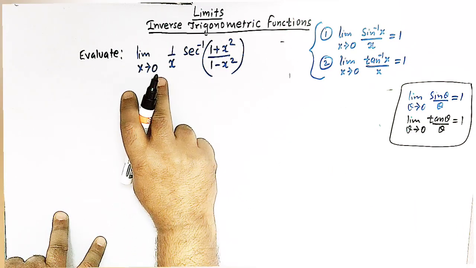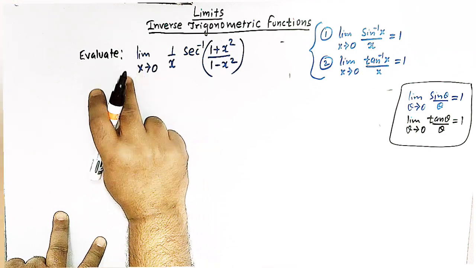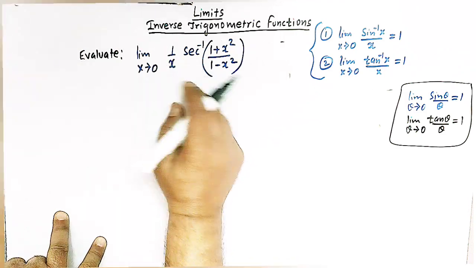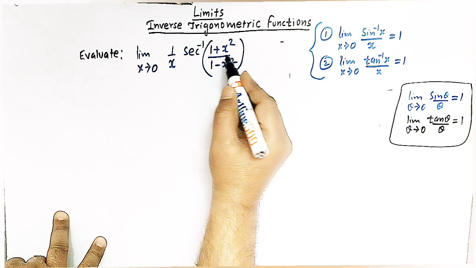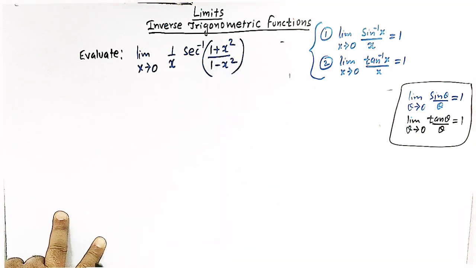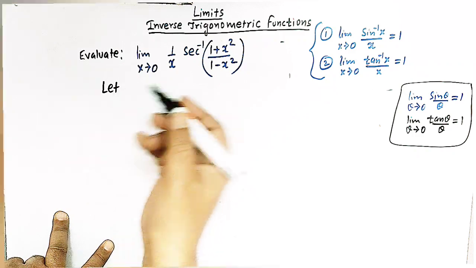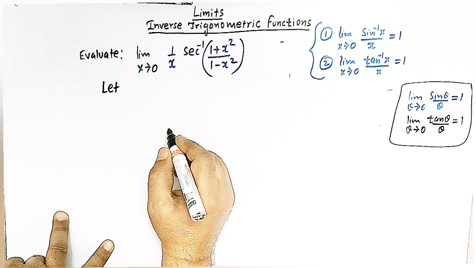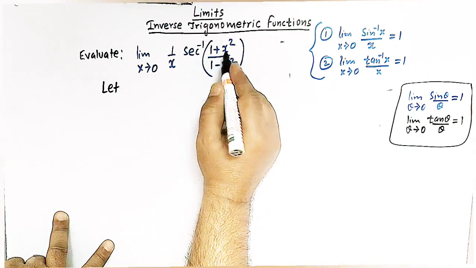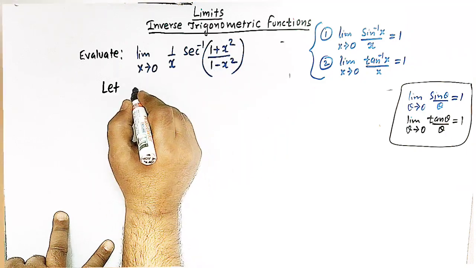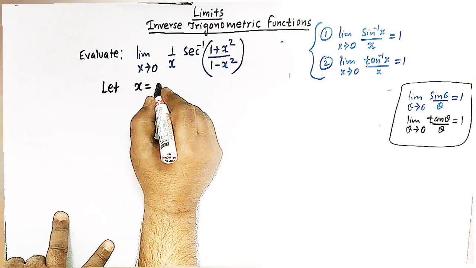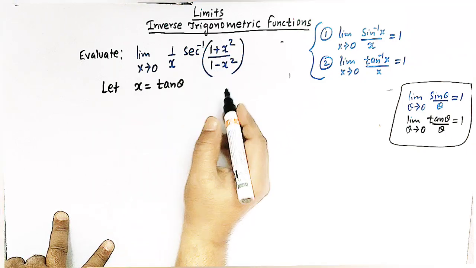So now let us solve this limit. So here we have limit x tends to 0, 1 over x, secant inverse 1 plus x square over 1 minus x square. So here we can again make use of the method of substitution. So here the appropriate substitution is x is equal to tan theta, right?